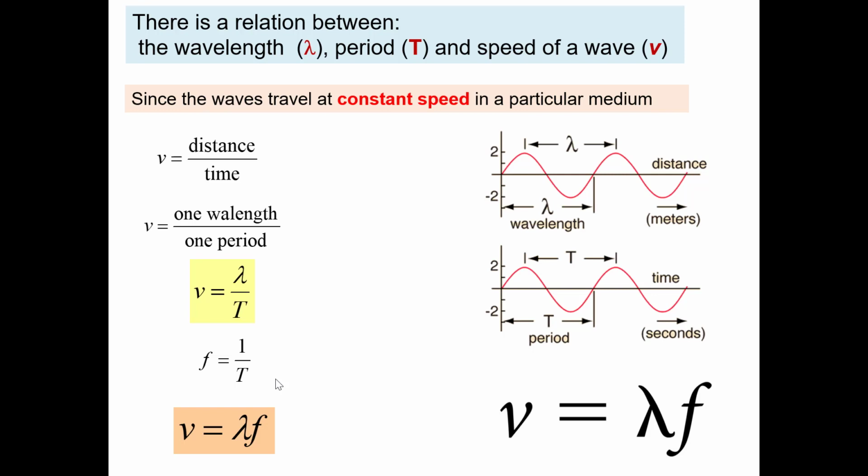Sometimes we can also say in some particular conditions. But this is important: waves travel at constant speed in a particular medium. Because the waves travel at constant speed, and it is a motion, we can use the equation that describes motion at constant speed.